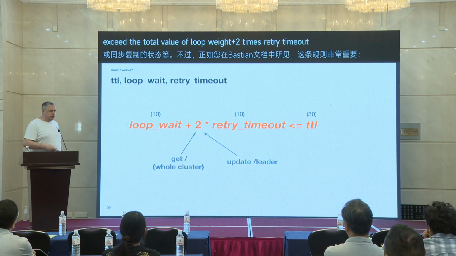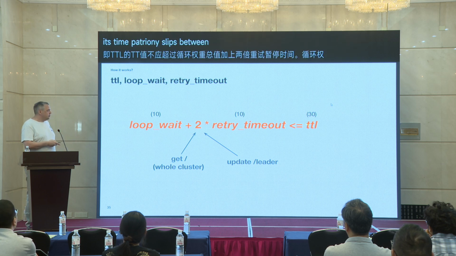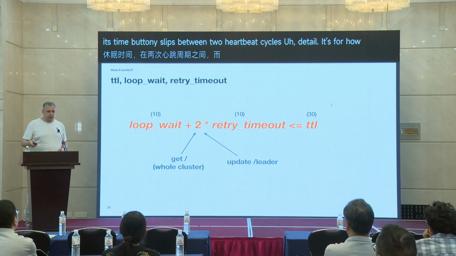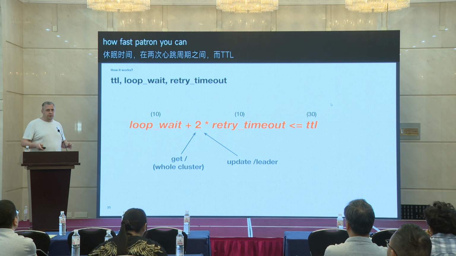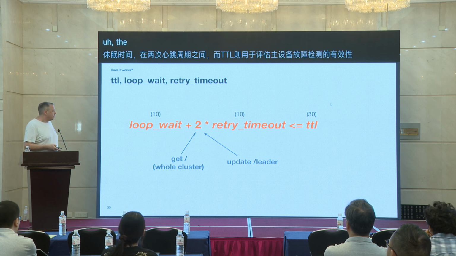Loop wait is the time Patroni sleeps between 2 heartbeat cycles. TTL is effectively how fast Patroni can detect the failure of the primary. After TTL, the leader key expires and we can detect it.